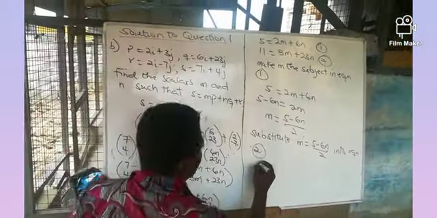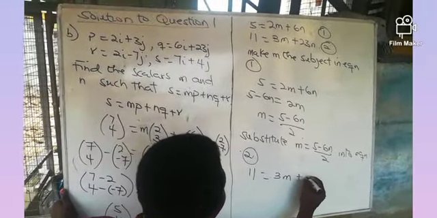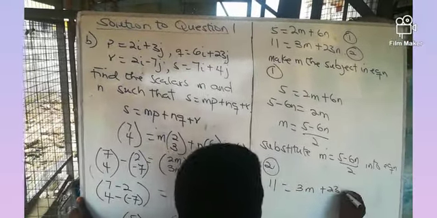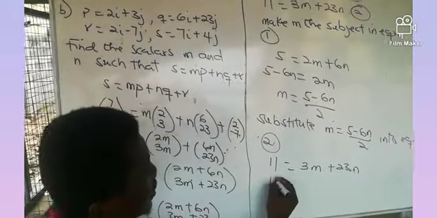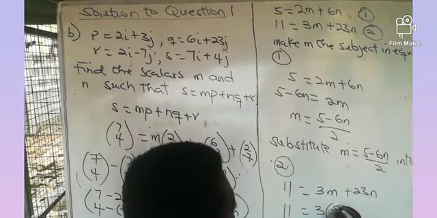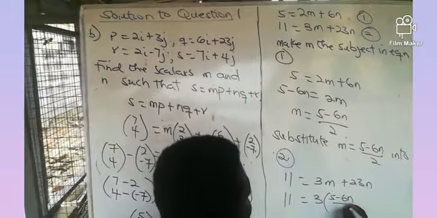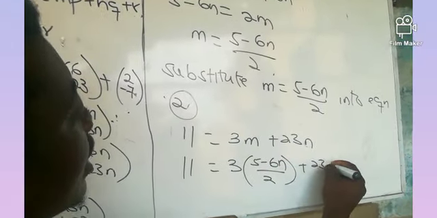This is our equation 2, that's 11 is equal to 3m plus 23n. So substituting that, we get 11 is equal to 3 times 5 minus 6n divided by 2 plus 23n.